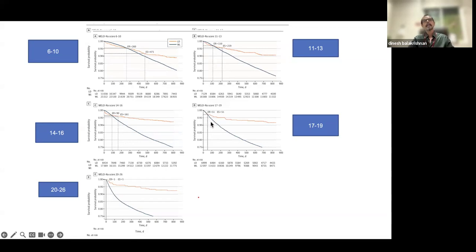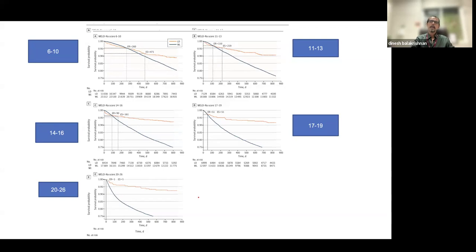So essentially, any patient with chronic liver disease with a MELD score above 15 should be assessed for a transplant, because they can have decompensations which make them very sick and end up in the ICU with life-threatening complications. So they should be under the care of a hepatologist who would closely monitor them.